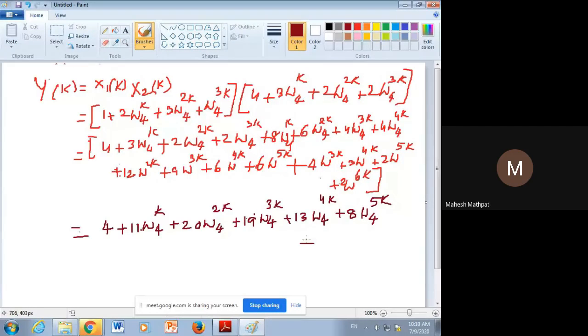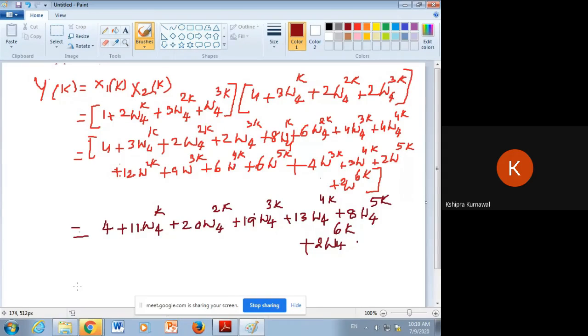Then plus 2 W4 to the power 6K. Okay. Now this is our answer, what we got is the multiplication answer. Now this is our final answer.